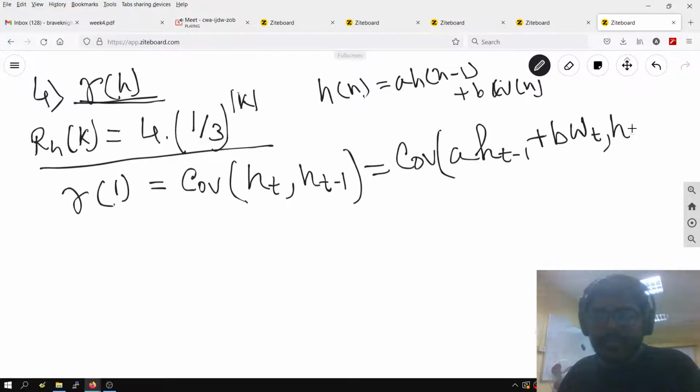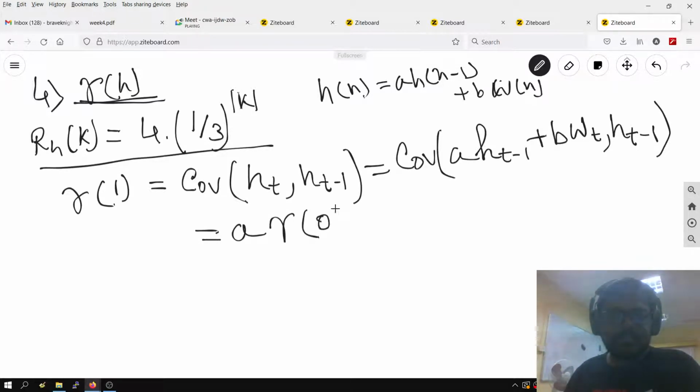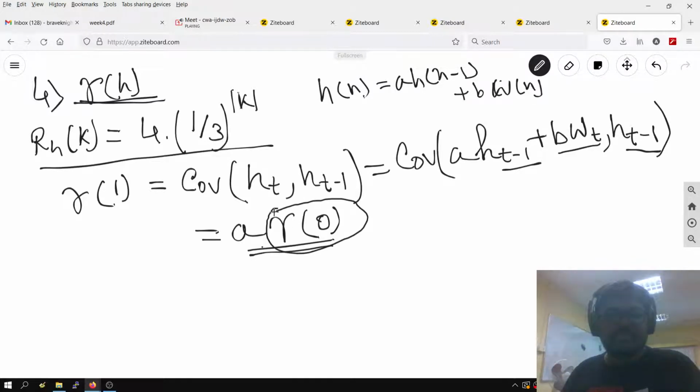So this is a into gamma of 0, because this is t minus 1, this is also t minus 1, and the noise process is independent. So only dependence comes from these terms. That is the reason it is a times gamma of 0.